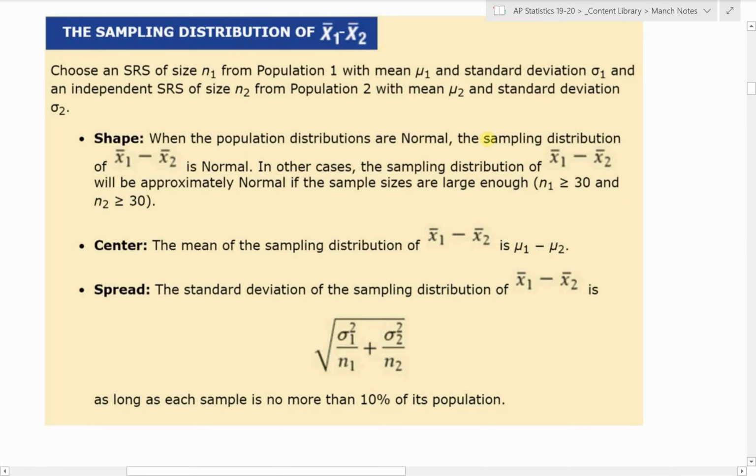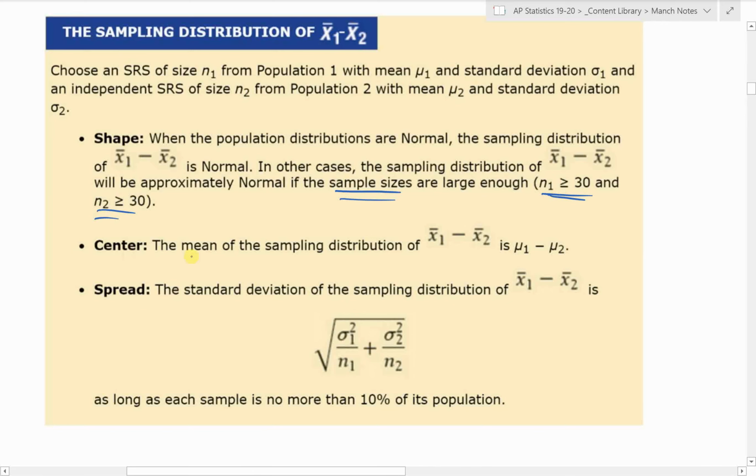In other cases, it will be approximately normal if sample sizes are large enough, right? So the shape of the sampling distribution for the difference of sample means is approximately normal if the parent populations are normal, or if we know that both samples are sufficiently large. So it's the large samples condition, but it applies to both samples.